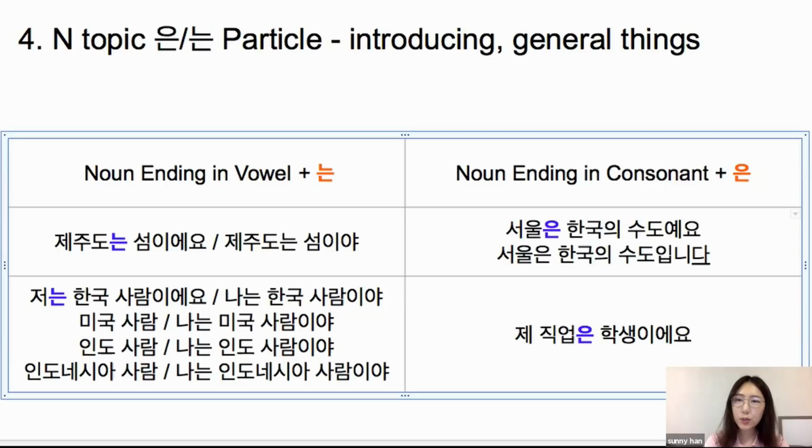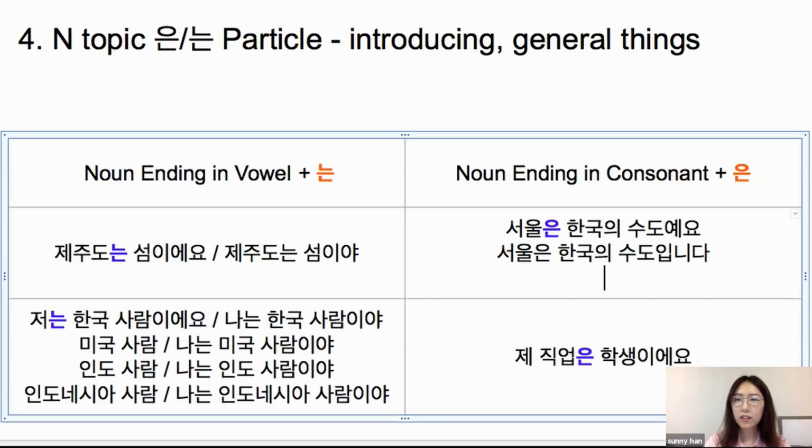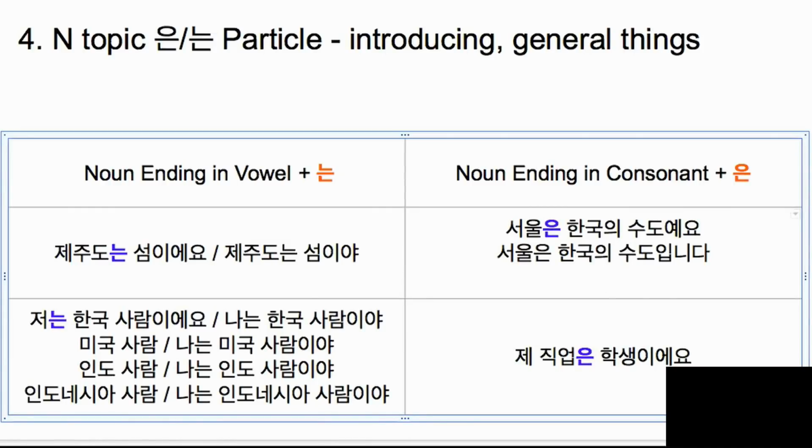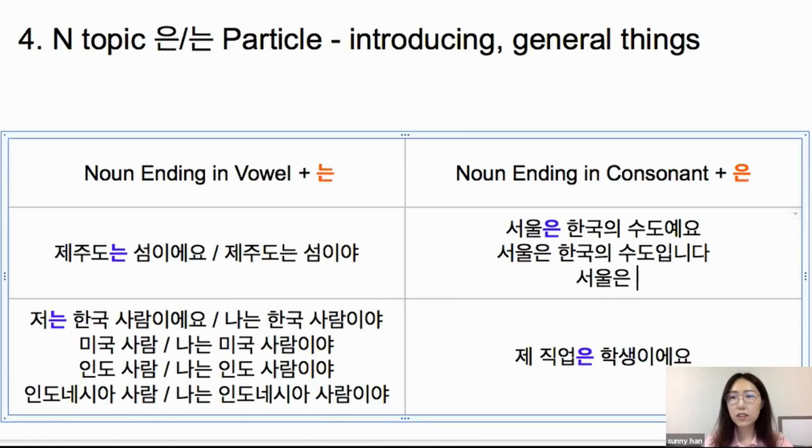What about informal way? 서울은 한국의 수도야. 서울은 한국의 수도야. Right.